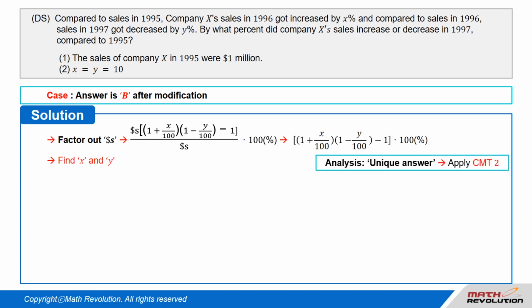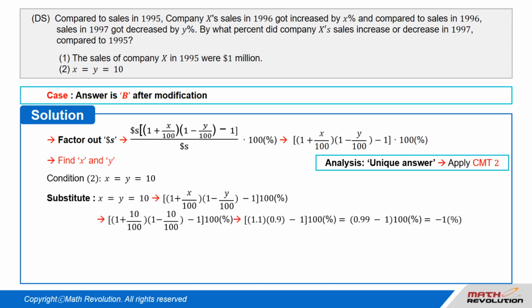Apply CMT 2, which says that we should get a unique value for the condition to be sufficient. Condition 2 tells us that X equals Y equals 10.